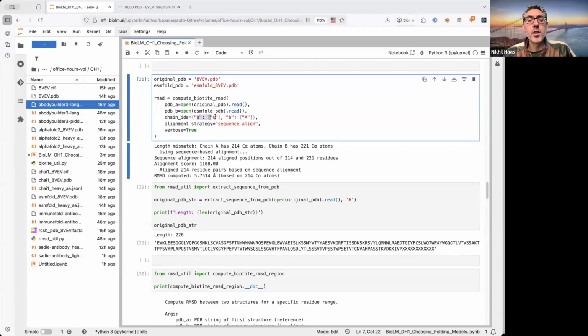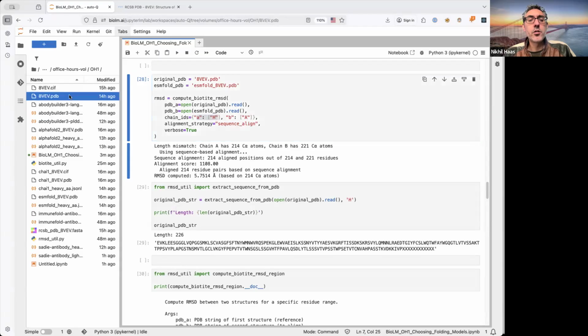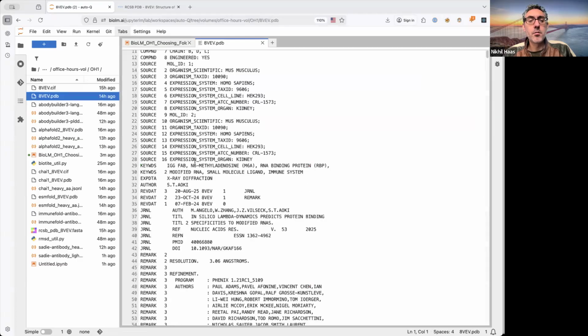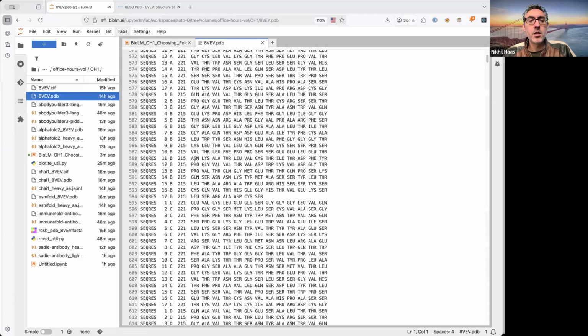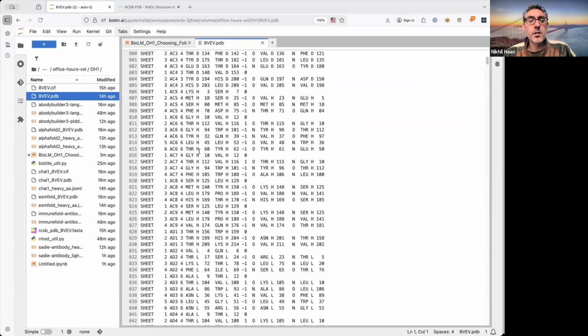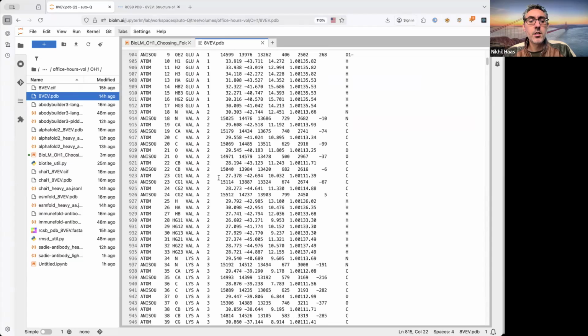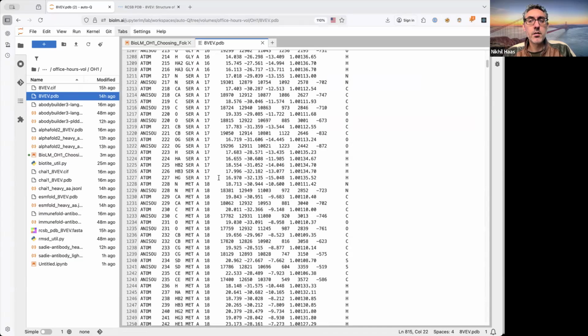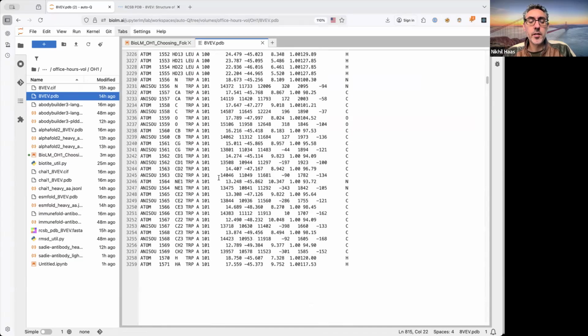So in the original PDB, the chain is H, I think. No, there's a lot of A's.